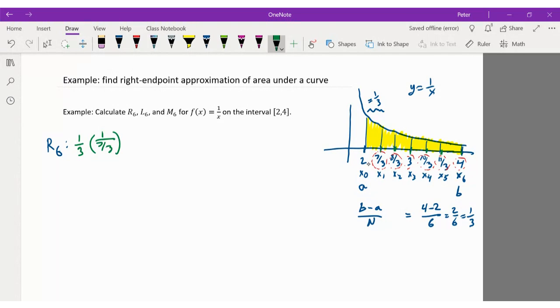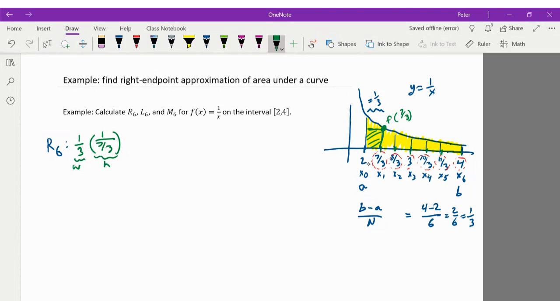In other words, that's the first rectangle. The height here is f of 7/3, and the width is still going to be 1/3. So that's the width, and that's the height.